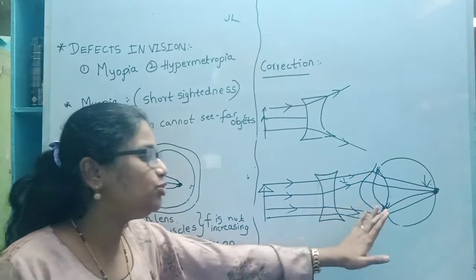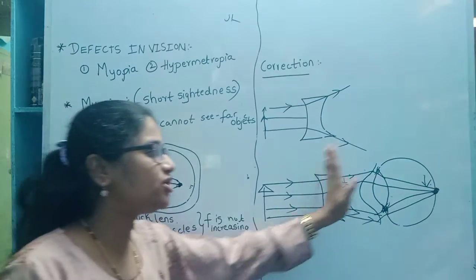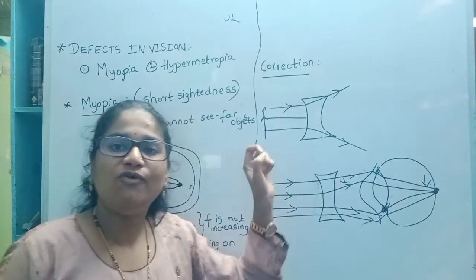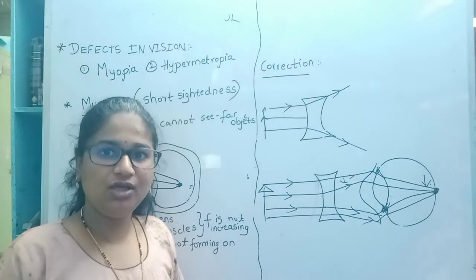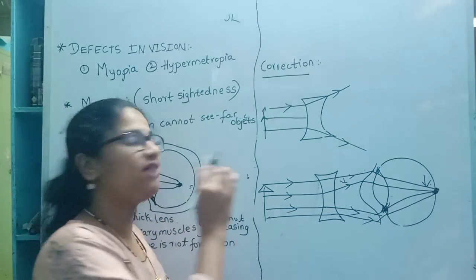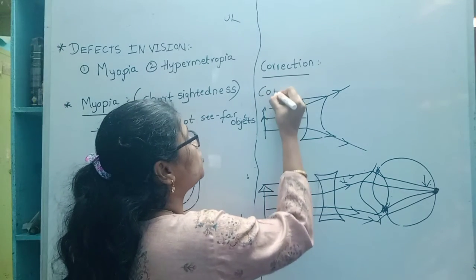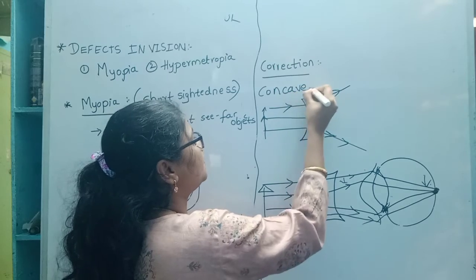This is how, using spectacles, the image is formed on the retina for persons who have myopia. For the correction of myopia, which lens are we using? We are using the concave lens.